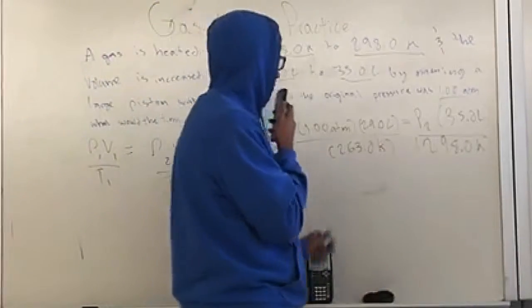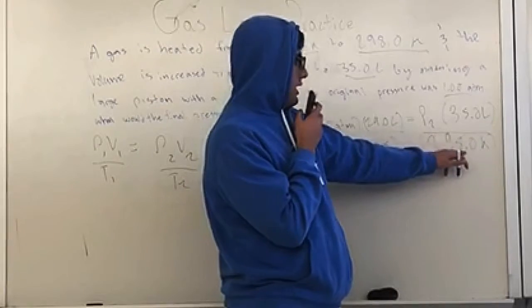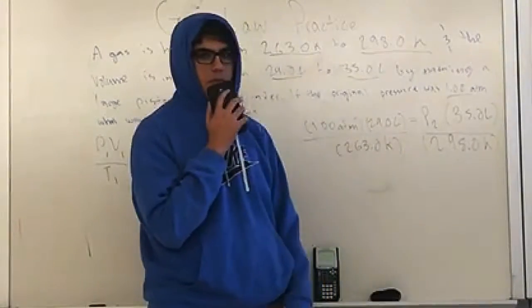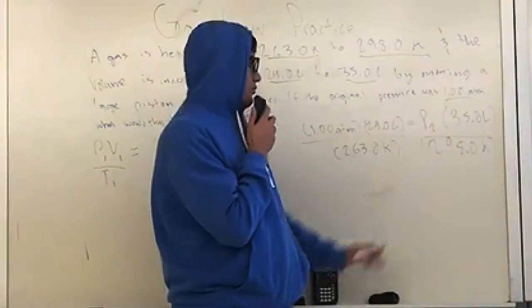So first, you'd want to multiply both sides by 298.0 Kelvin, because remember, what we are doing is isolating P2.